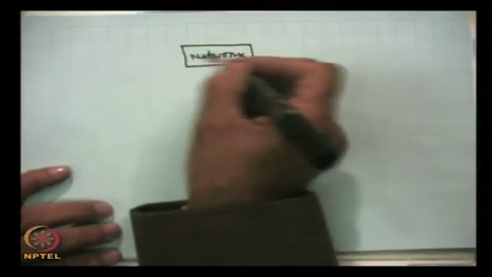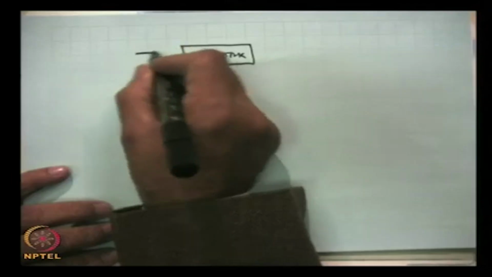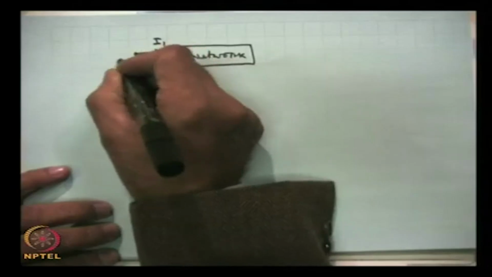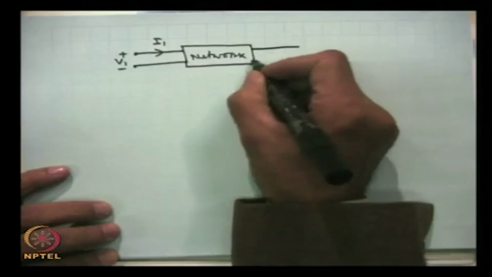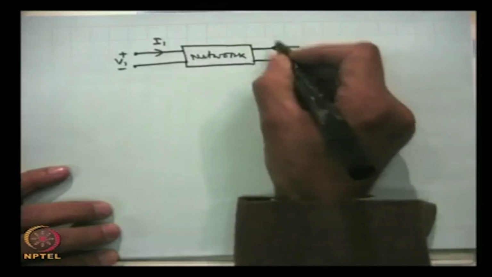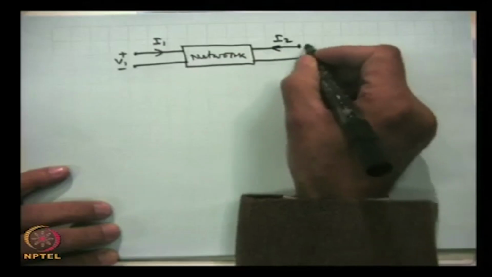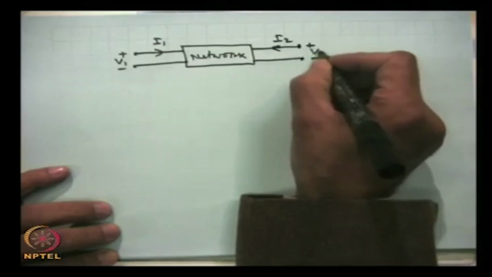The network is just the transistor, and these are, this is I1, this is V1, and this is I2 and plus minus V2.